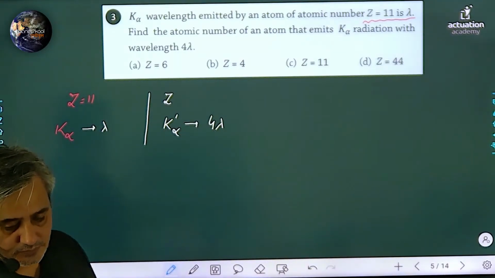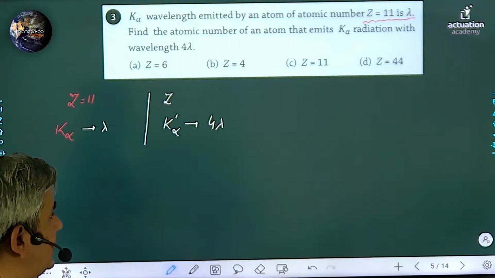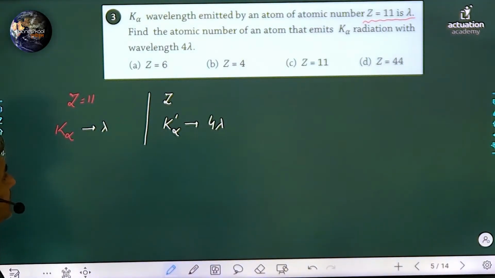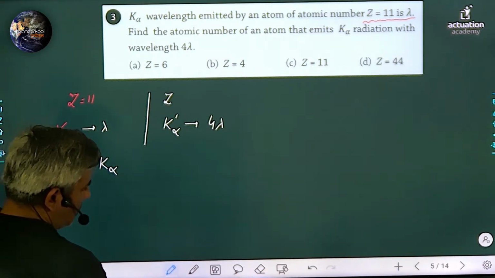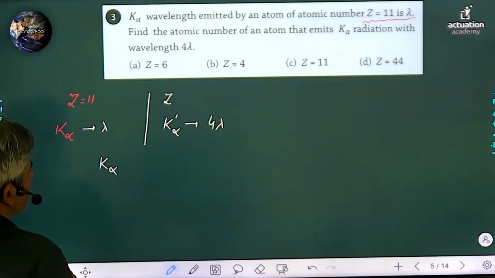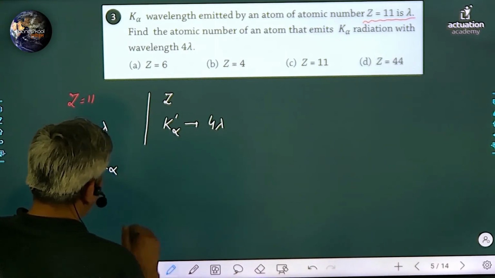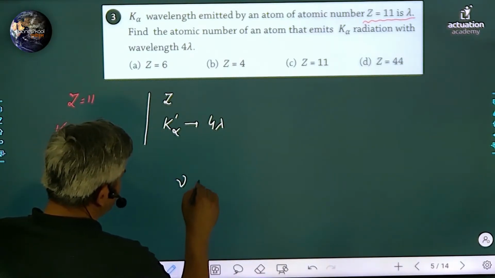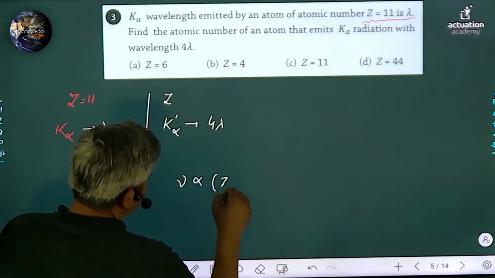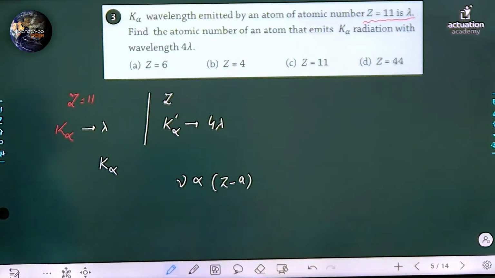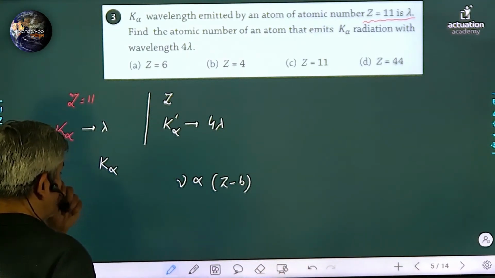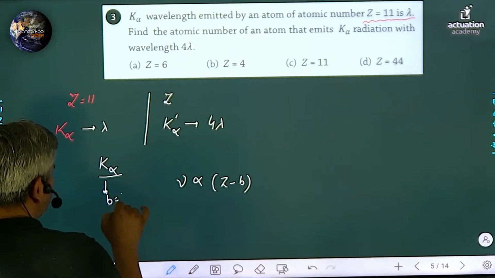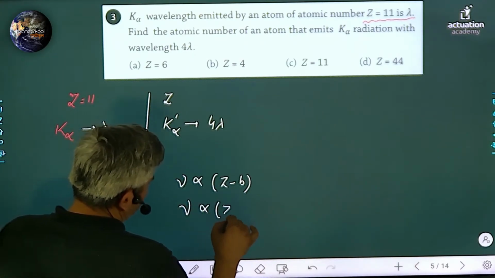Now we can make use of Moseley's law here to find the relation between K alpha and Z. For K alpha wavelength, using Moseley's law, frequency is directly proportional to Z minus A, or sometimes books mention Z minus B. For K alpha, B is 1, so mu is directly proportional to Z minus 1.